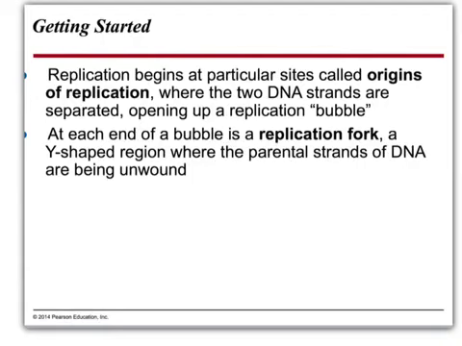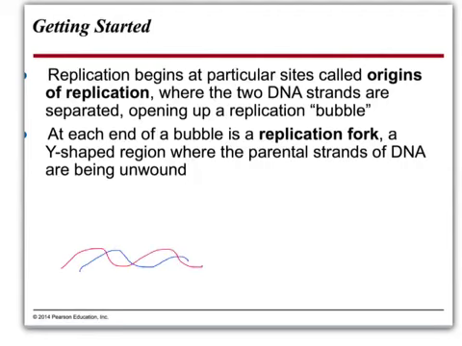At that point, the double-strand structure of DNA becomes unwound. And then that begins what you have as a replication fork. So we have origins of replication, and they form sort of a bubble so that it looks something like this. Here's one strand of DNA, here's another strand of DNA.